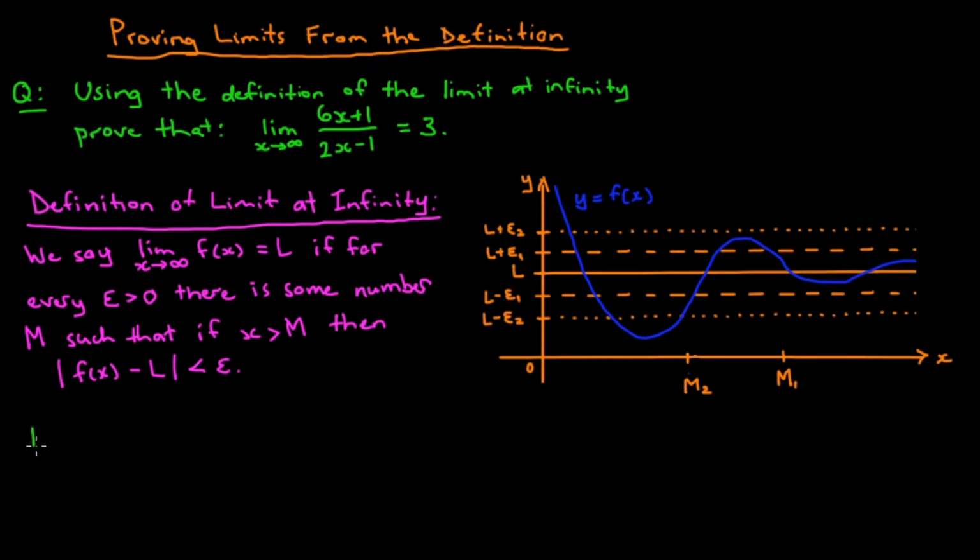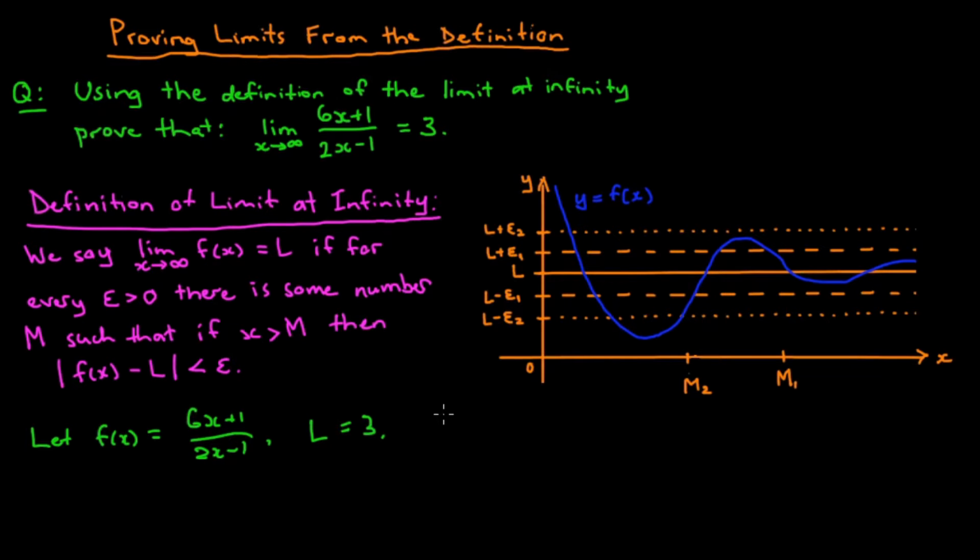So we'll let f of x equal our function, which is (6x + 1) over (2x - 1), and also L equal our limit, which is 3.